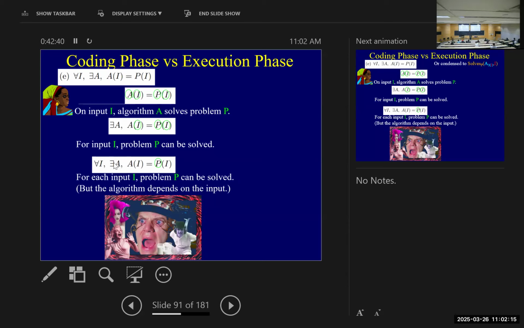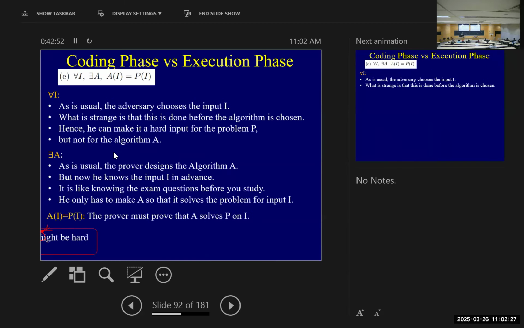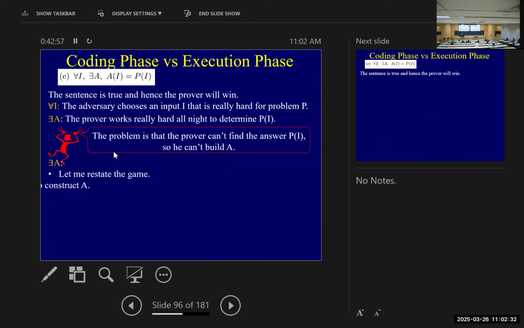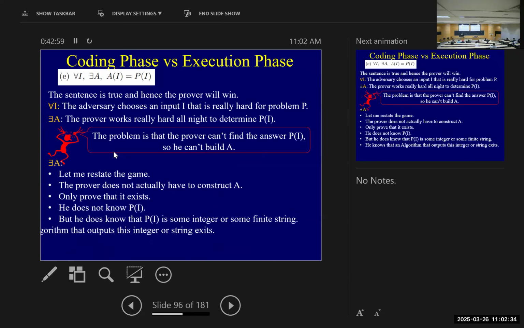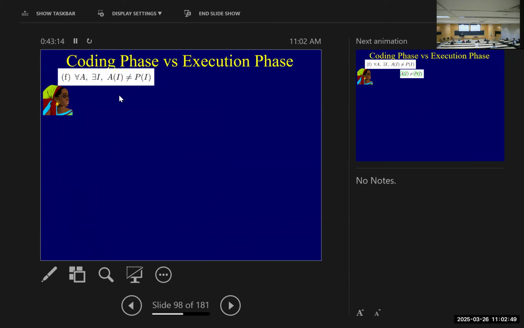But the use is to show you that this is dumb, right? We've done this one a few times, right? For even undecidable problems, oh, that should be a P, right? It's not a good statement, because you can have a different algorithm for every input. All right.